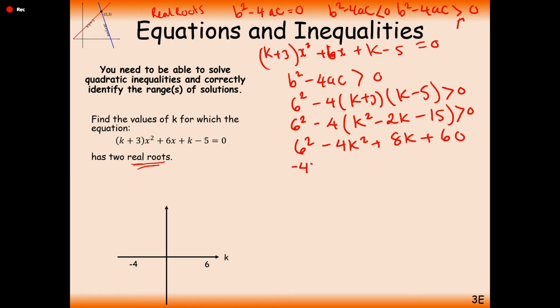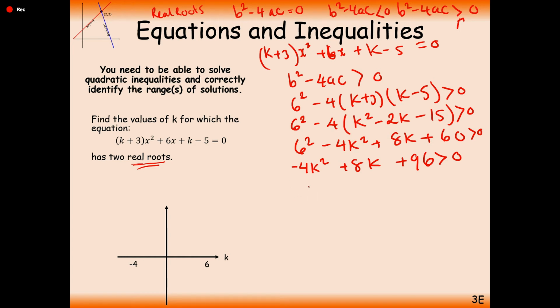So we have now minus 4k squared plus 8k, and 36 add that off, 6 squared plus 60 is equals to 96, and that is greater than 0.